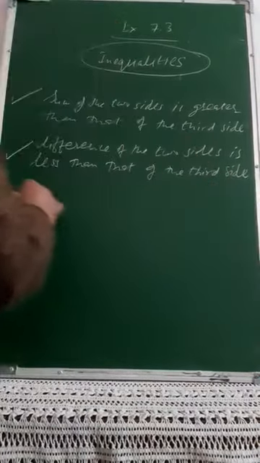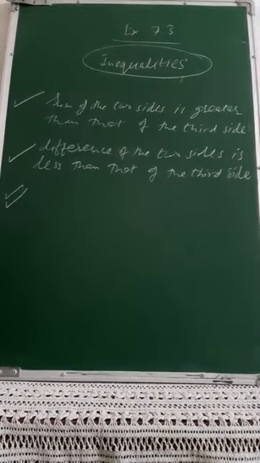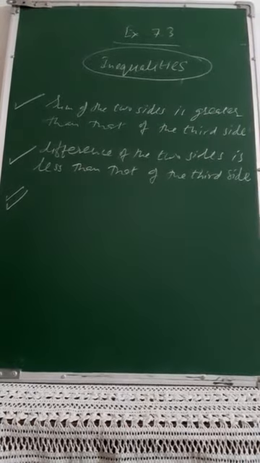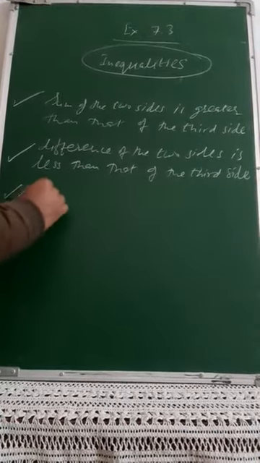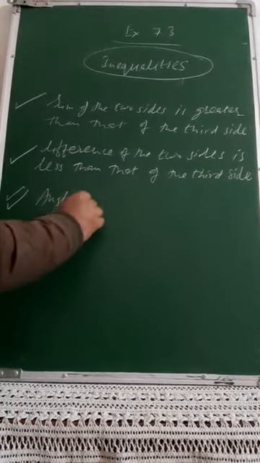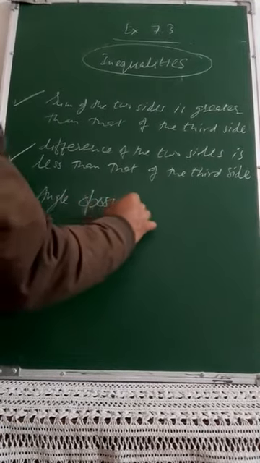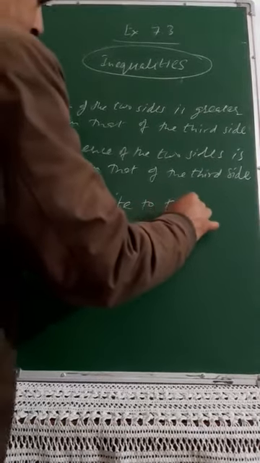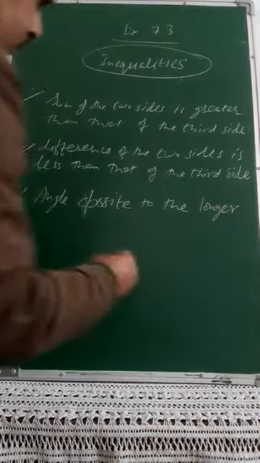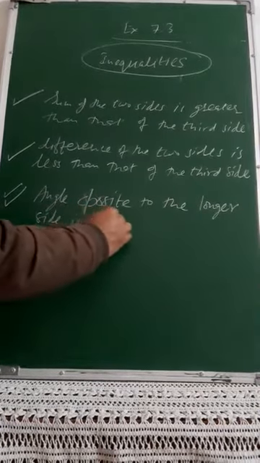And the very important point, which I will be taking up in the application part of the exercise questions of this 7.3, is that the angle opposite to the longer side is the greater angle.